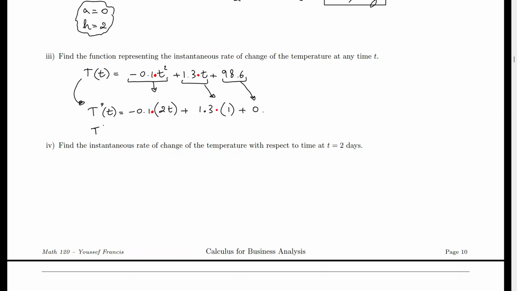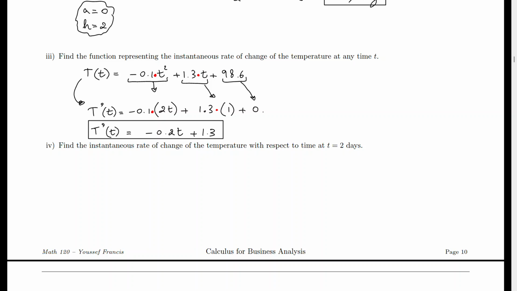So in other terms, T prime, the function that gives me the instantaneous rate of change, which depends on little t, the number of days that have passed, is negative 0.2t plus 1.3. So that is the final answer for that part.